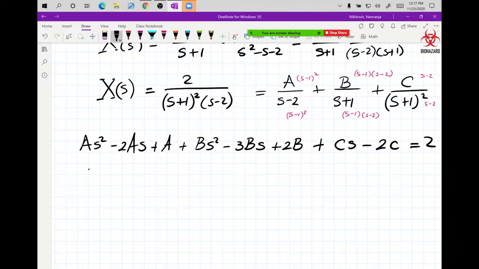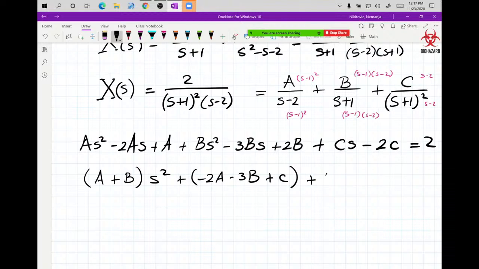Factor out your s squares, so you have your A plus B s squared plus the linear ones, 2A minus B plus C, and then get your constants: A minus 2B minus 2C equals 2.